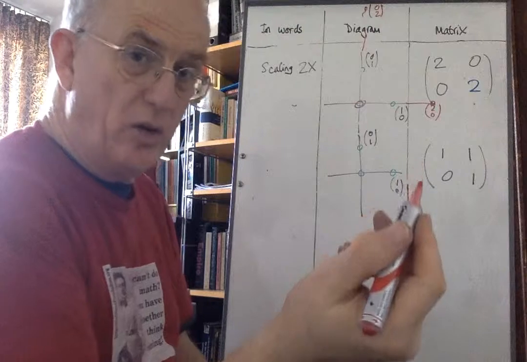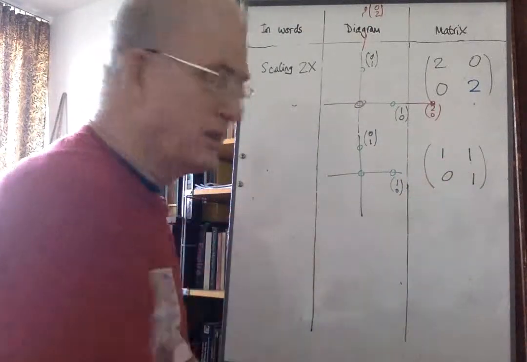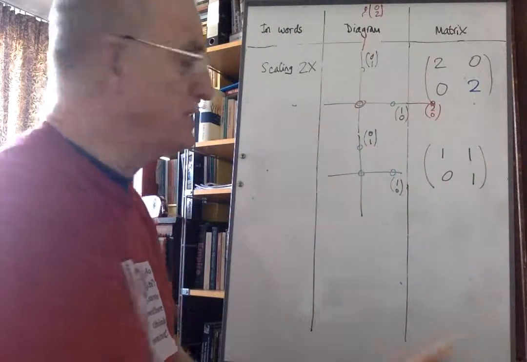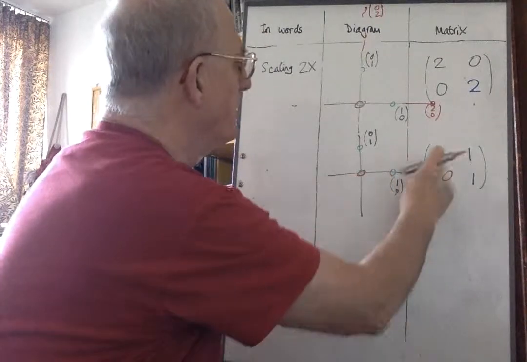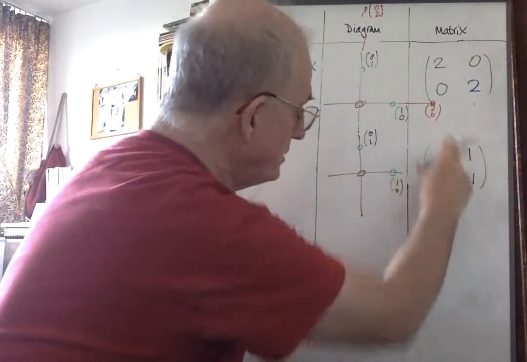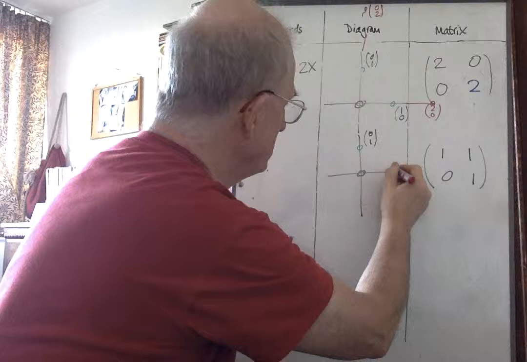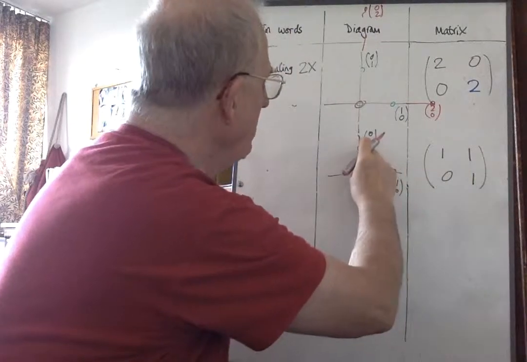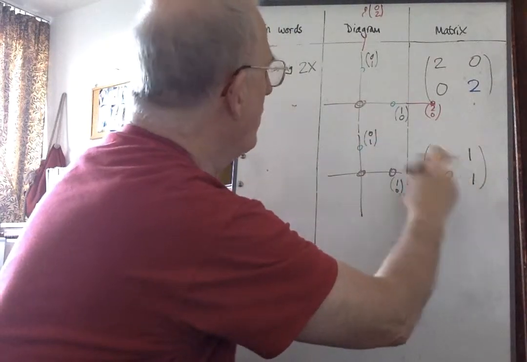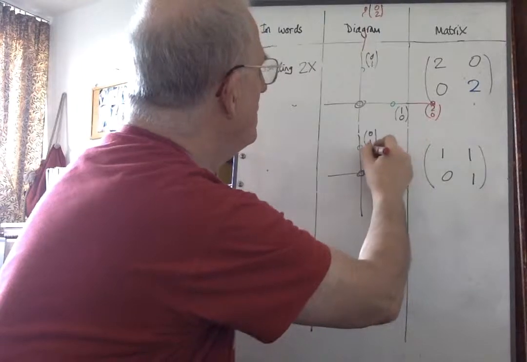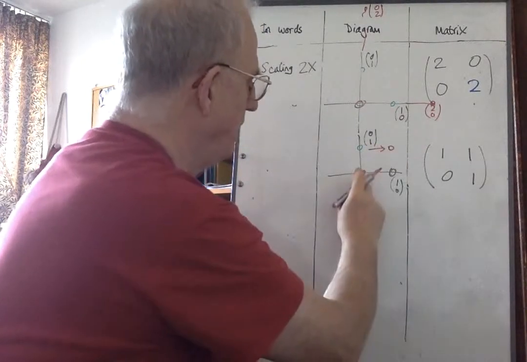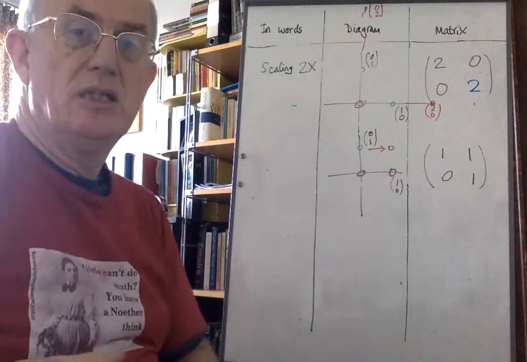Here is where they go under this transformation. This is where this transformation takes them. The origin stays where it is. 1, 0 goes to the first column, 1, 0, that stays where it is. 0, 1 goes to 1, 1, which is there. So that moves across to there. Those 2 stay where they are.